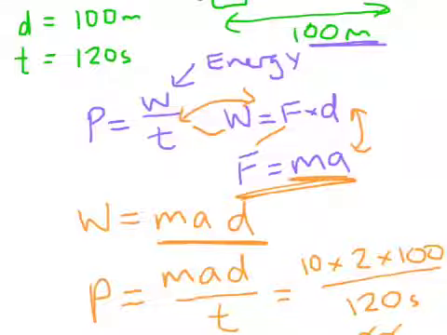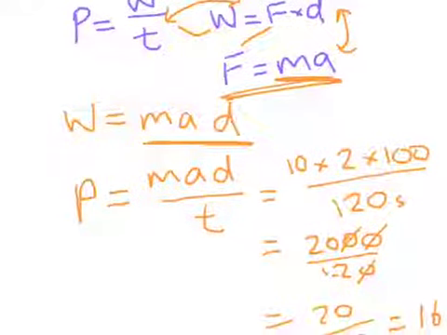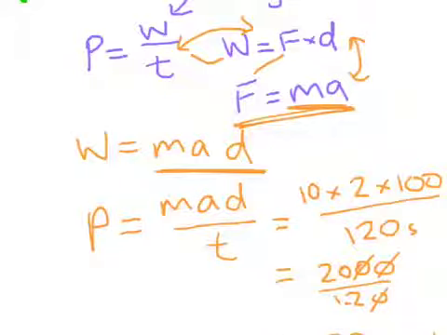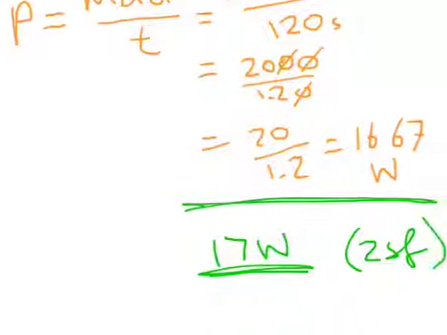Where did we get up to? So they're applying a force. That force is applied for a certain amount of time over a certain distance, which gives rise to the work done over time, which is the power. And we can make the equations into one equation by substituting the equivalent parts in, and using one equation we just do a single calculation to find the answer.